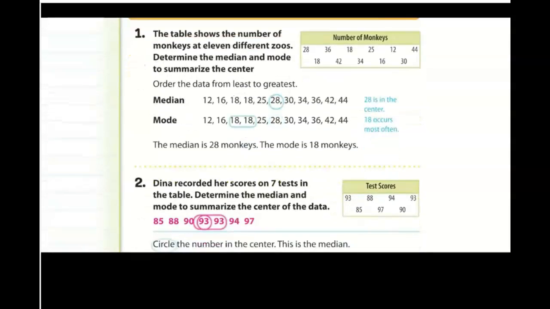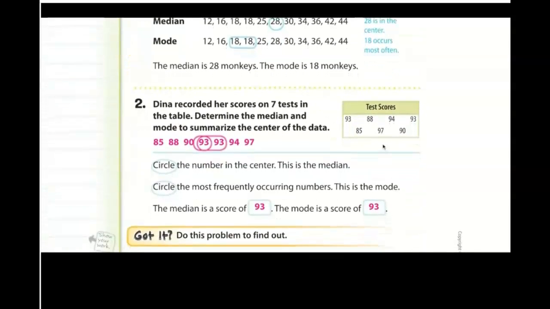Okay, so now if we look at another example, our friend Dina is scoring grades on tests, and you can see these are the test scores that she's received on 7 tests. Now, this is going to be helpful because that's an odd number of tests. So what we're going to do is put them in order from least to greatest. And let's see, 1, 2, 3, 1, 2, 3.